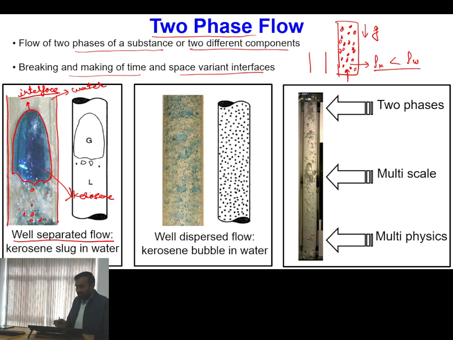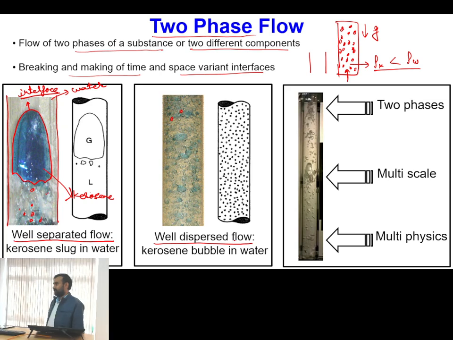These blue colored circles are kerosene volumes, and these are significantly distributed within the water. In this scenario, it is extremely hard to define a clear boundary between the two phases. This type of multi-phase flow situation is called well dispersed flow.